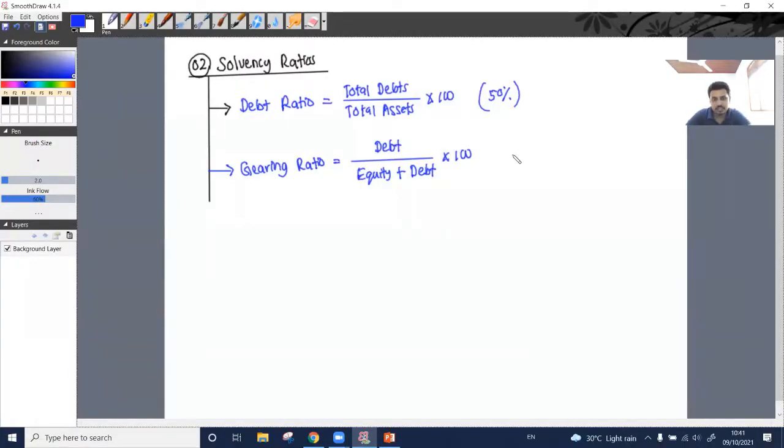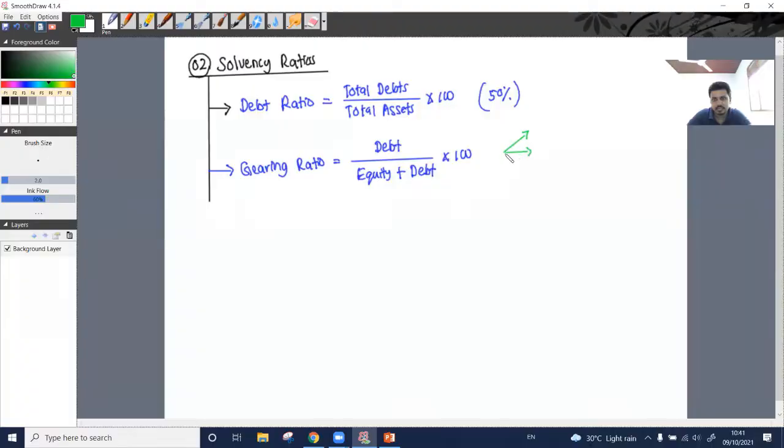Based on the gearing ratio, we can classify businesses into three main groups.